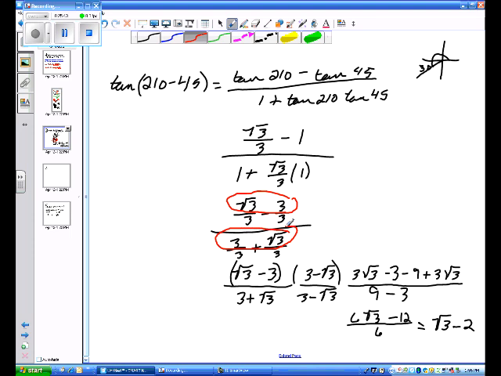So this is how we can find some other exact values using our sum and difference formulas. Now there's other things that we like to do with our sum and difference formulas, and sometimes we can use them to simplify some different expressions. So let's look at this one.